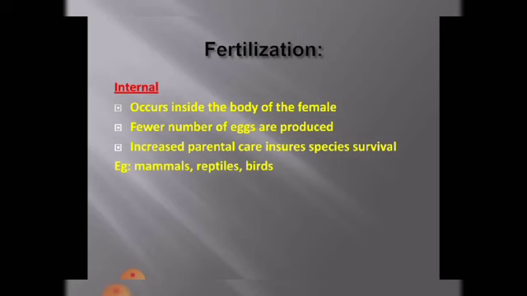Then fertilization occurs in the lower part of the oviduct. In the upper part of the oviduct, what happens? In reptiles, birds and mammals, and in ovarian follicles like viviparous fishes. So fertilization occurs in the lower part of the oviduct, the upper part of the oviduct, and in ovarian follicles.